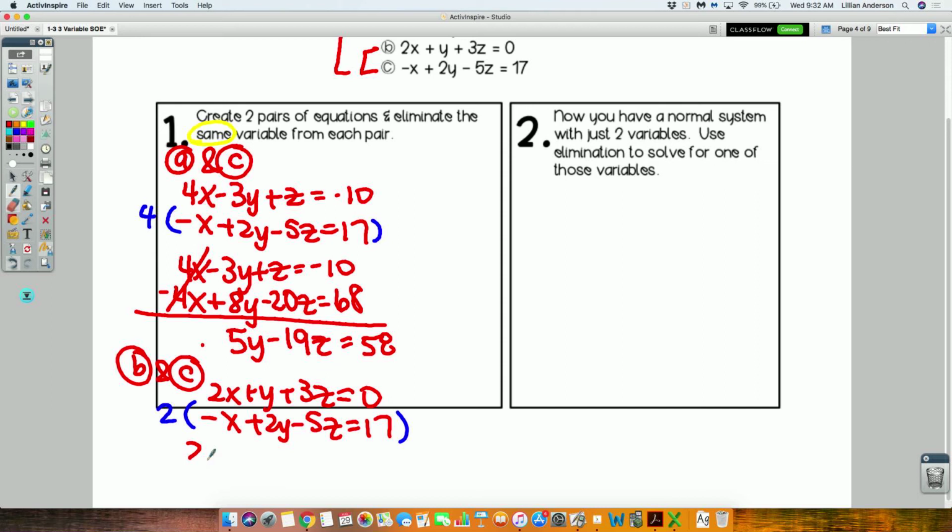So the first equation stays the same, but the second equation turns into what when I multiply it by 2? Negative 2x plus 4y minus 10z equals 34.